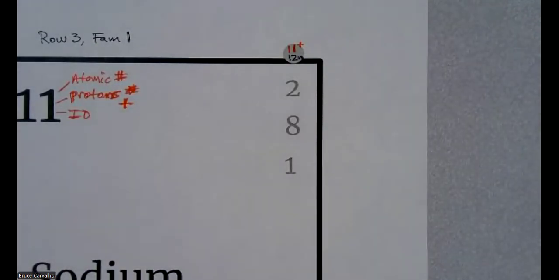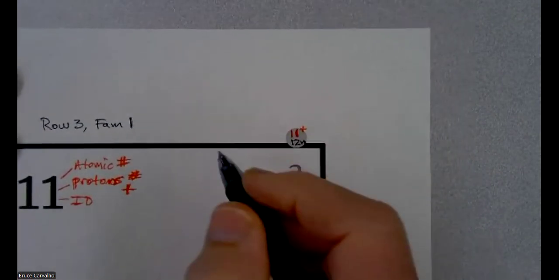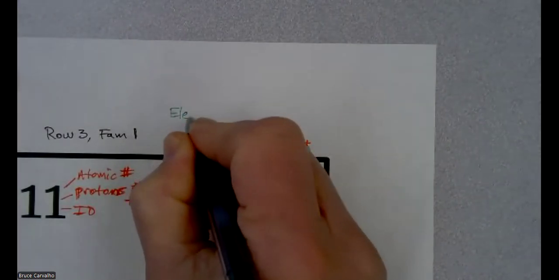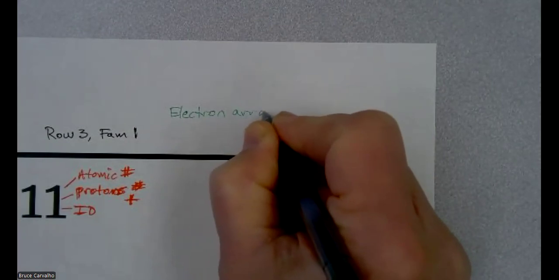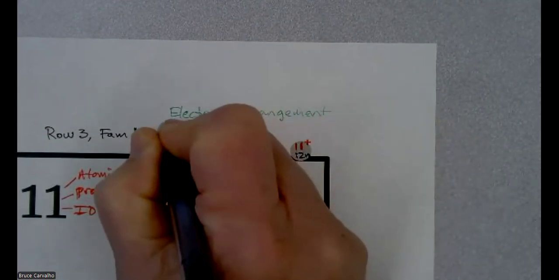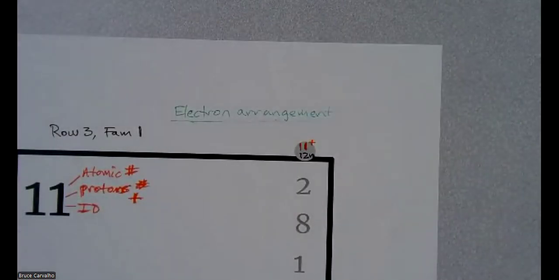Okay? Now, in order to talk about electrons, we have to know this about electrons. So I want you to write this down. We call this the electron arrangement. Uh-oh, running out of green ink.